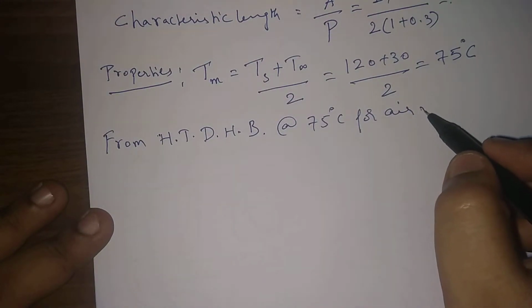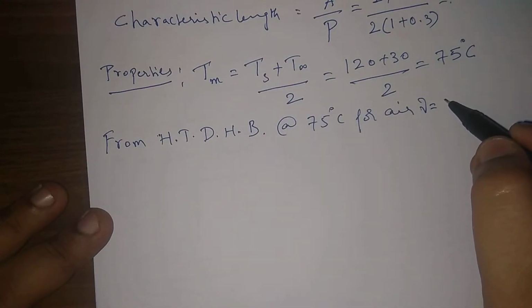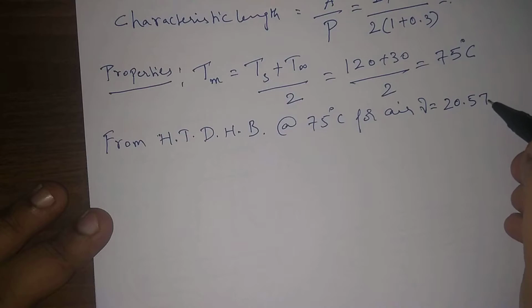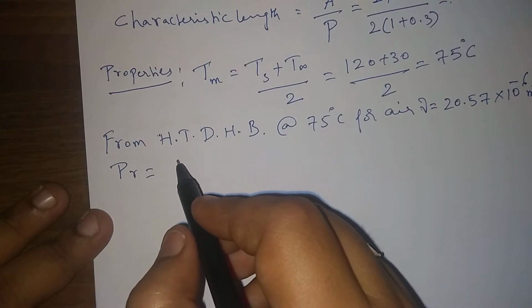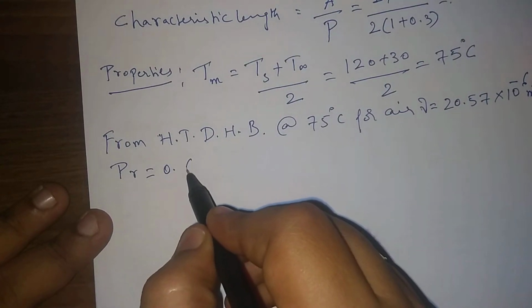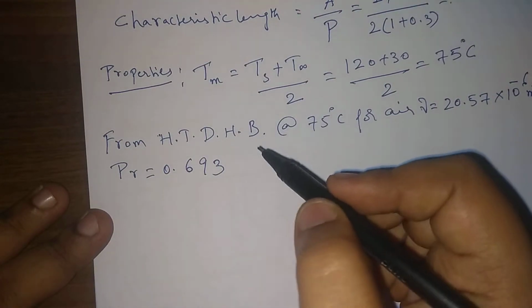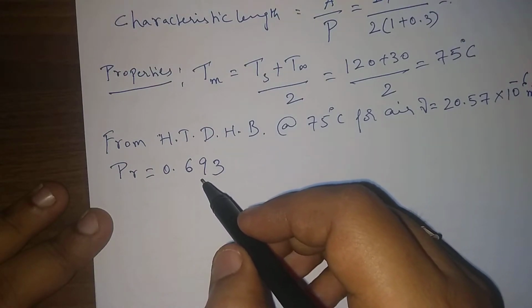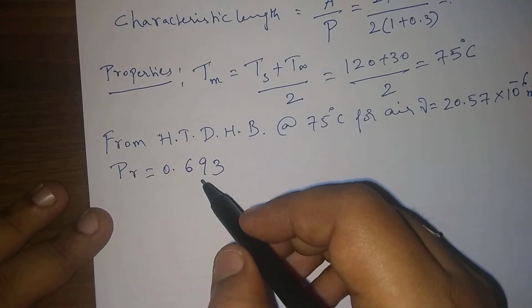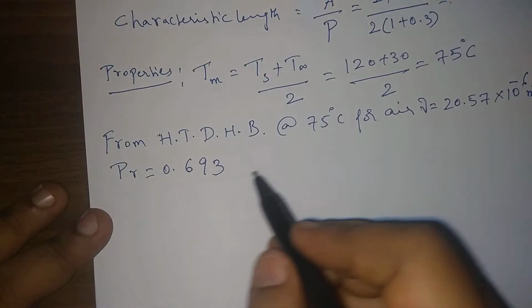I've already calculated, so I'm going to give it to you. The kinematic viscosity is 20.57 into 10 to the power of minus 6 meter square per second, and the Prandtl number is 0.693. What else do we want? We don't want thermal conductivity, I feel. If I want it, I'll let you know afterwards.